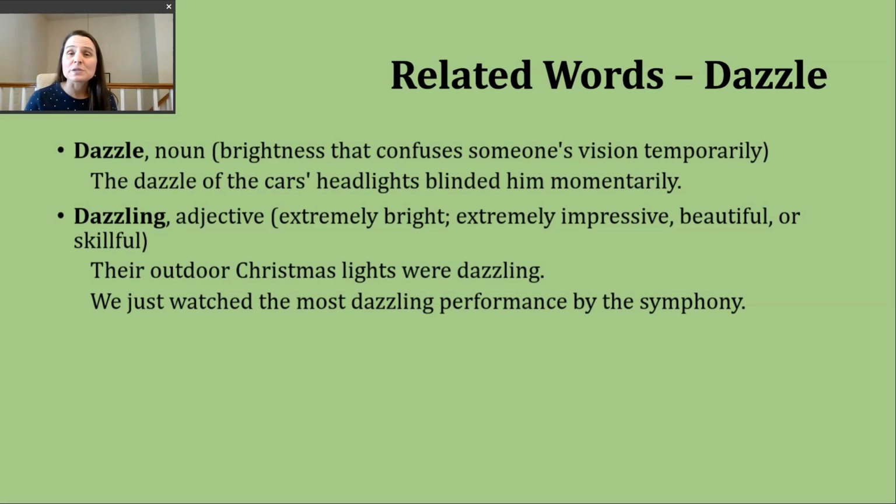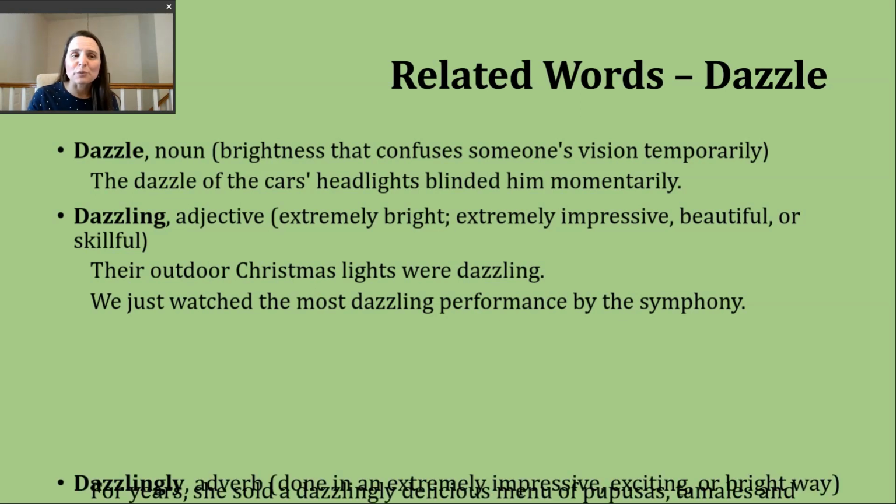A second way we can use this adjective is to refer to something that is impressing us, right? It's impressive, it's beautiful, it's skillful in some way. An example of this, we just watched the most dazzling performance by the symphony. Okay, so the music was beautiful, maybe it was impressive in some way. You've never heard this particular piece, or you've never heard it played in such a particular way.